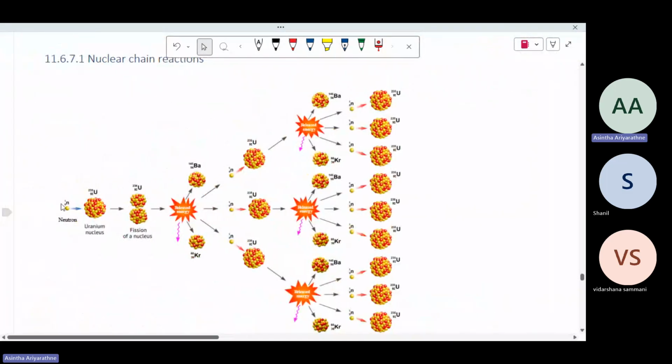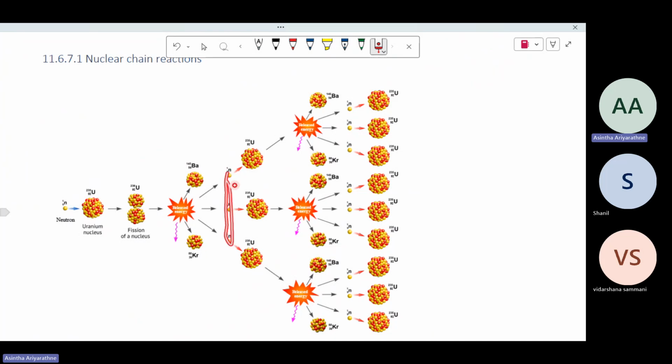So here you can see initially a neutron falls on the uranium atom. Then fission of uranium happens, producing barium and krypton, and again three neutrons are formed. These three neutrons again hit another three uranium atoms, and again a nuclear fission reaction happens and another three neutrons are formed.